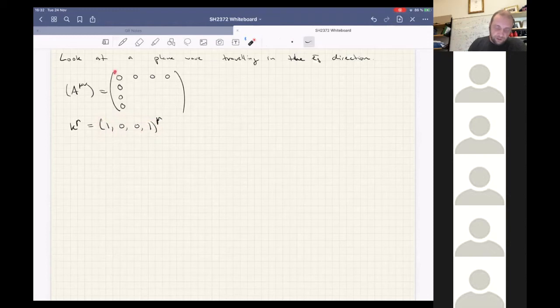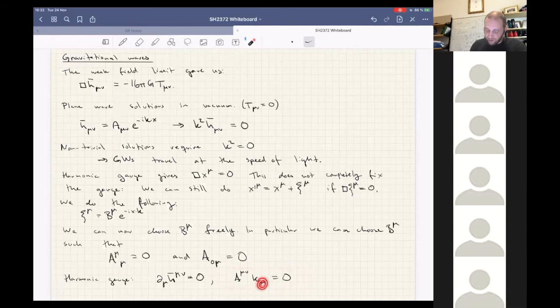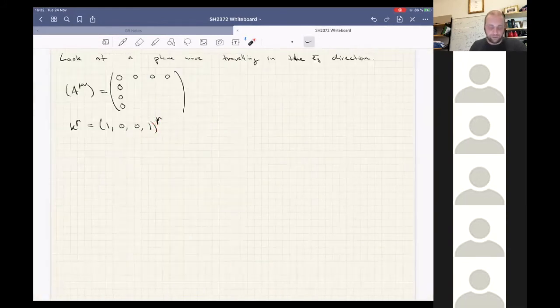But since all of the 0 components here are 0, when we look at this condition, the 0 component here is going to go with a 0-something component, so that's not going to contribute. The only thing that's going to contribute is the 1 term here, and it's going to multiply one of these terms. So when we look at what we get out of harmonic gauge, we also find that all of these terms are going to be 0 as well.